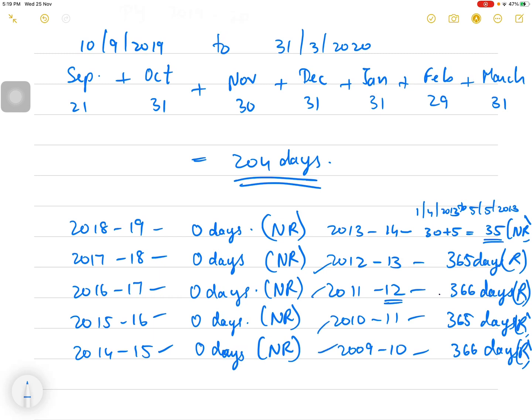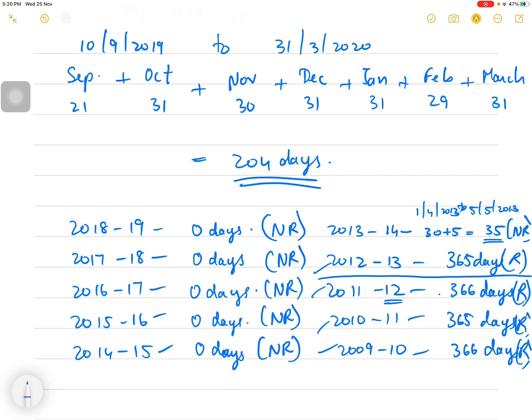From 2009-10 to 2012-13 she is resident. During preceding 10 years, more than 2 years she is resident. Therefore she satisfies first additional condition. Let us see whether she satisfies second additional condition. So second additional condition is 7 years preceding the previous year, her stay in India should be more than 730 days. So 7 years means from 12-13 to 18-19, correct?